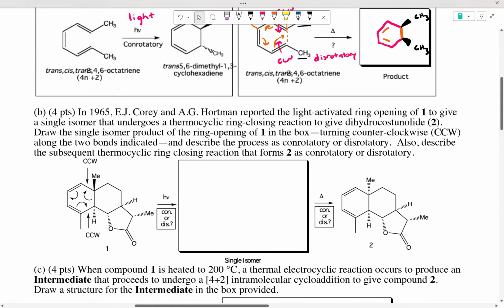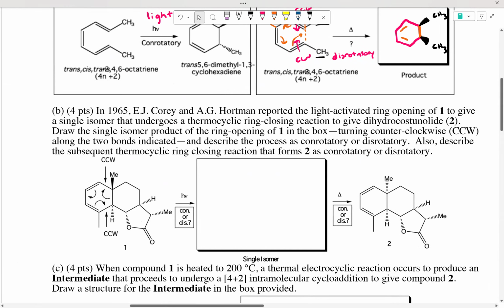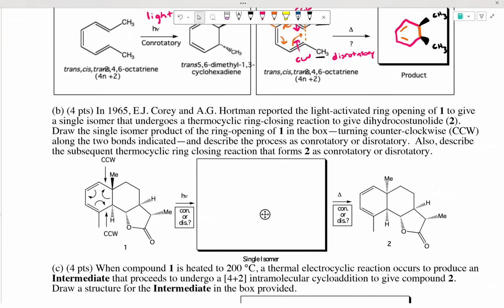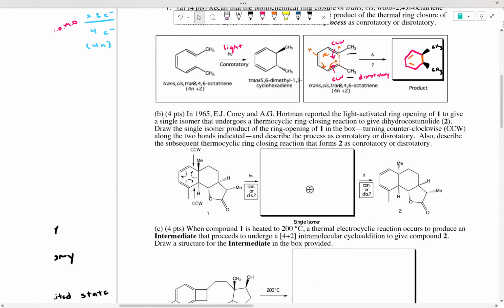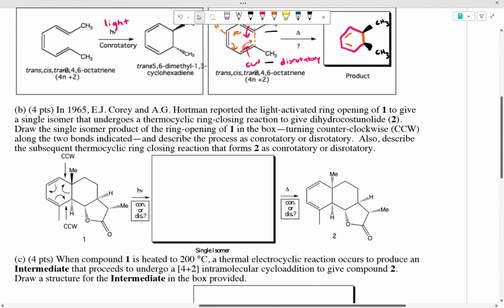But now we're going to look at part B. In this year, these two people reported the activated ring opening of one to give a single isomer that goes through the thermocyclic ring closing.